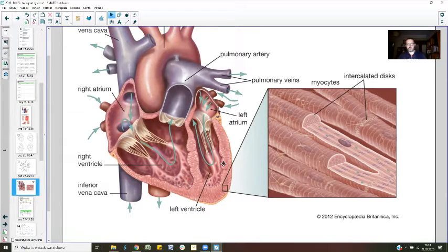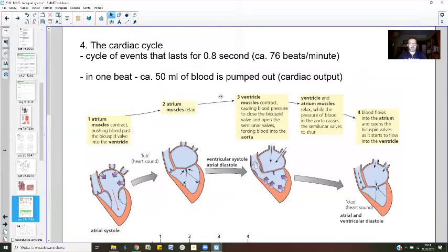I would like to focus now on the cardiac cycle, so the steps of one cycle of the heart's work. The cardiac cycle events altogether last for approximately 0.8 seconds. Therefore, our heart beats approximately 76 beats per minute at rest, of course.